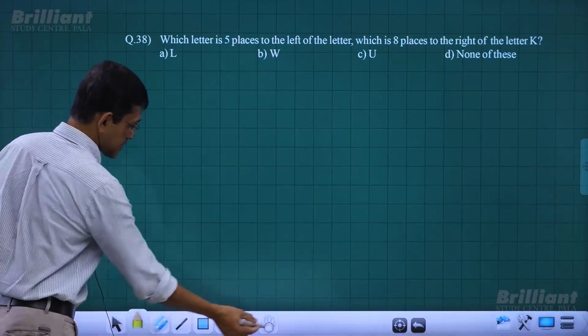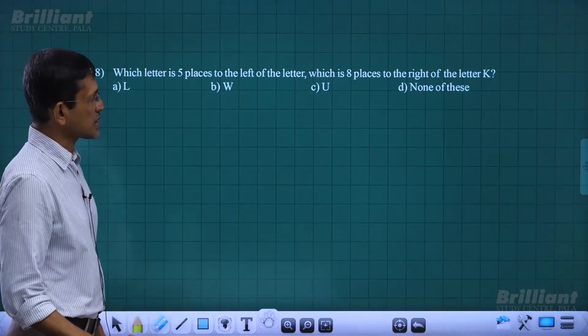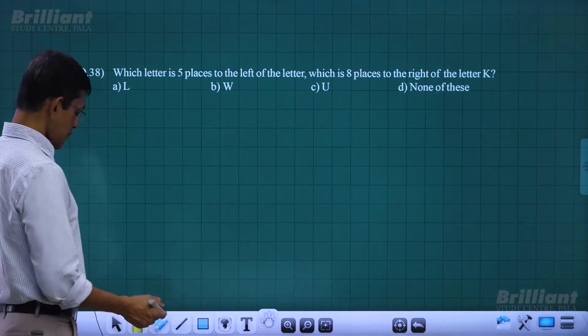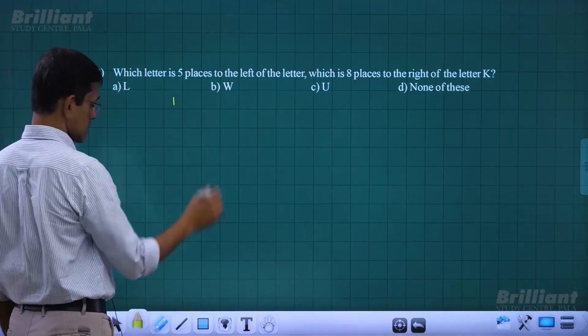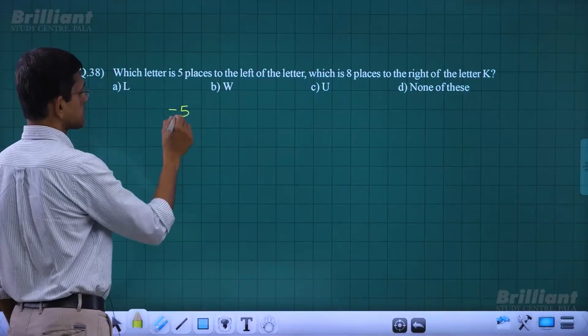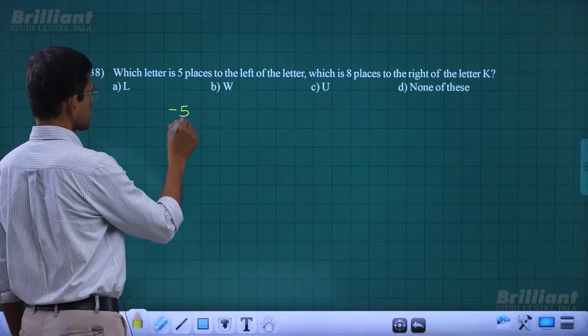Number 38. Which letter is 5 places to the left of the letter which is 8 places to the right of the letter K? If it is left, we take it as minus. 5 places to the left is minus 5, 8 places to the right is plus 8.